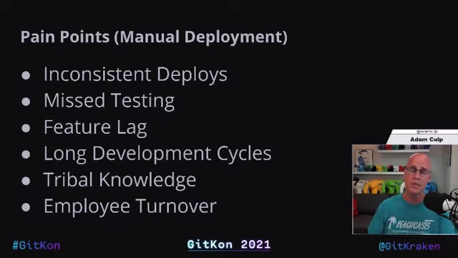Maybe there was testing that was missed on certain features that are now being pushed. Maybe there's feature lag between environments. Maybe your production is falling behind more than you think it is as far as your deployments go. And it can also add up to longer development cycles.